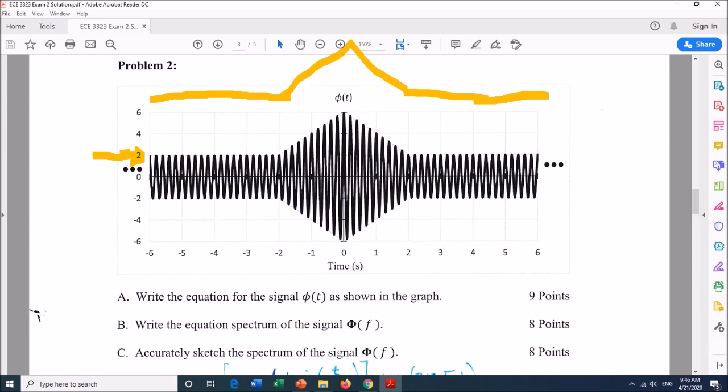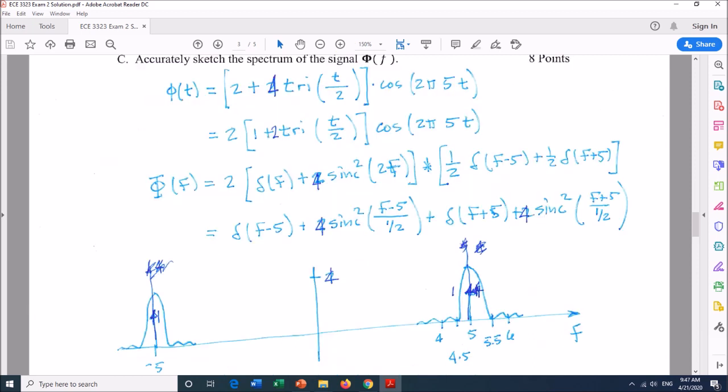And then we're going to find the Fourier transform and sketch the Fourier transform. So the format for this amplitude modulated signal, for the amplitude, is 2 plus 4 triangle t over 2. That gives the constant with the triangle added to it, and that forms the envelope multiplying this cosine, which happens to have a frequency of 5.